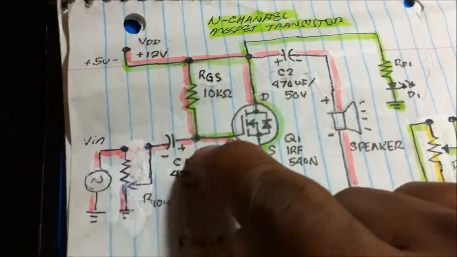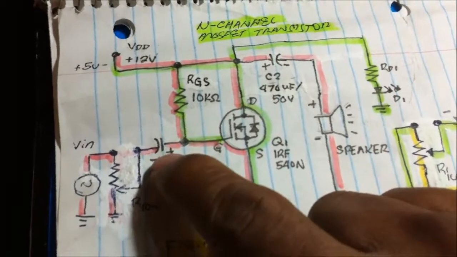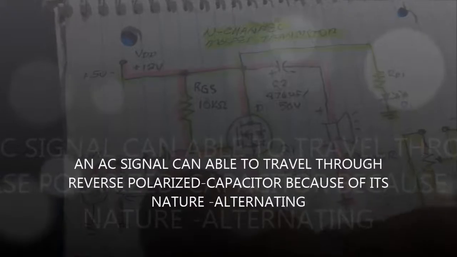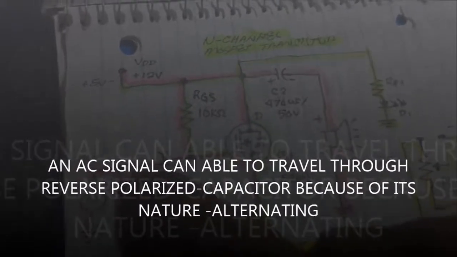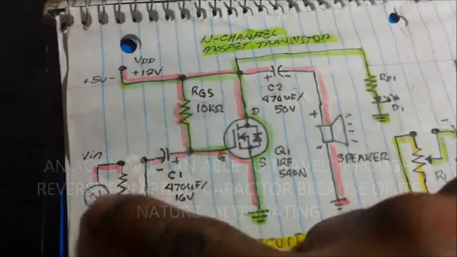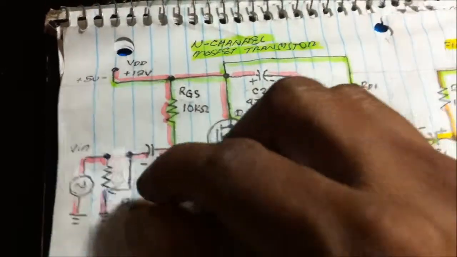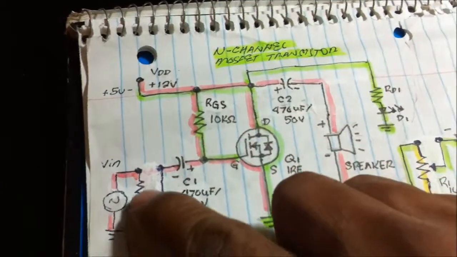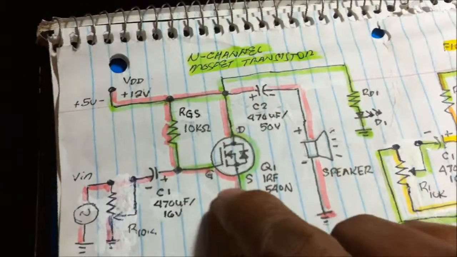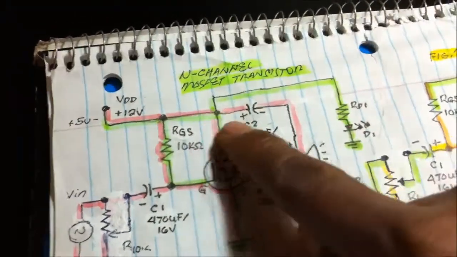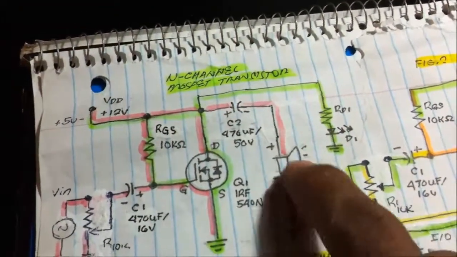Still it can flow, even with the polarity of the capacitor reversed; AC still flows here. AC, or the sound from the cell phone, by adjusting the volume control here, then travels to the gate, amplifying the sound here, and the output is taken to the speaker.